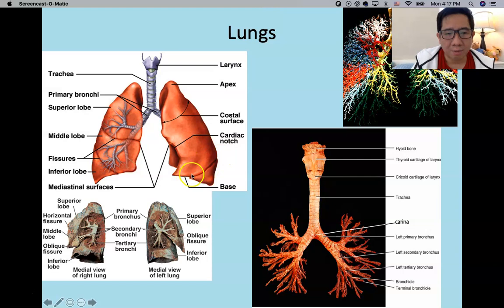Same thing on the other side, you have the oblique fissure. You have the base of the lungs and the apex on the top. All of these are terms you're required to know for your lab section, so make sure you know that for your lab, okay?